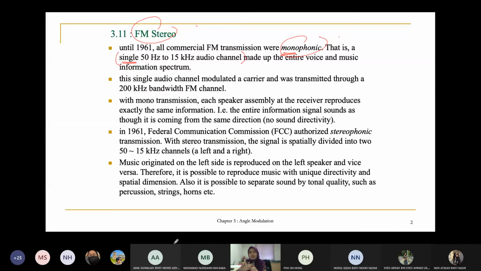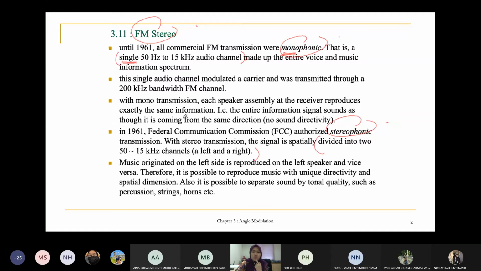But starting from 1961, the Federal Communication Commission, the FCC, came out with stereophonic transmission. This is what we call FM stereo. So what is the difference between stereophonic and monophonic? For stereo transmission, the signal is now divided into two.